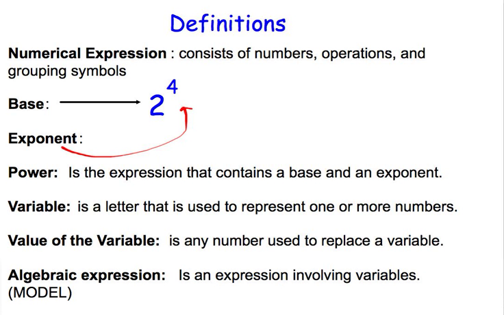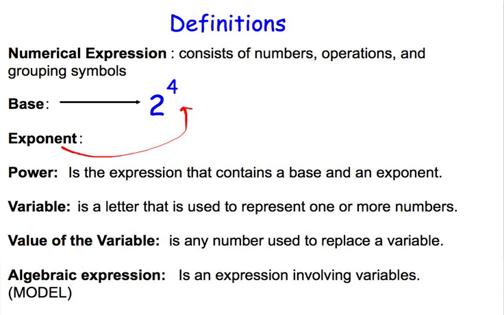A word called the base is the number that has an exponent to it. The number at the bottom is called your base. The exponent is the number that it's raised to that power. The power contains a base and an exponent.